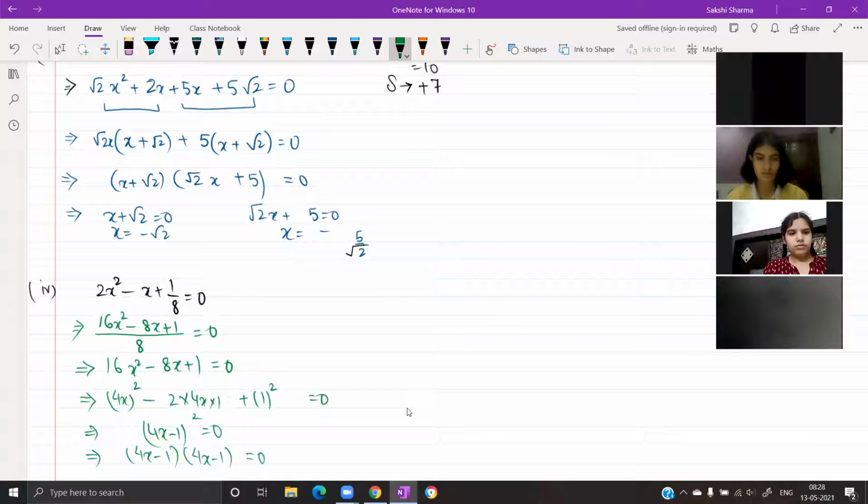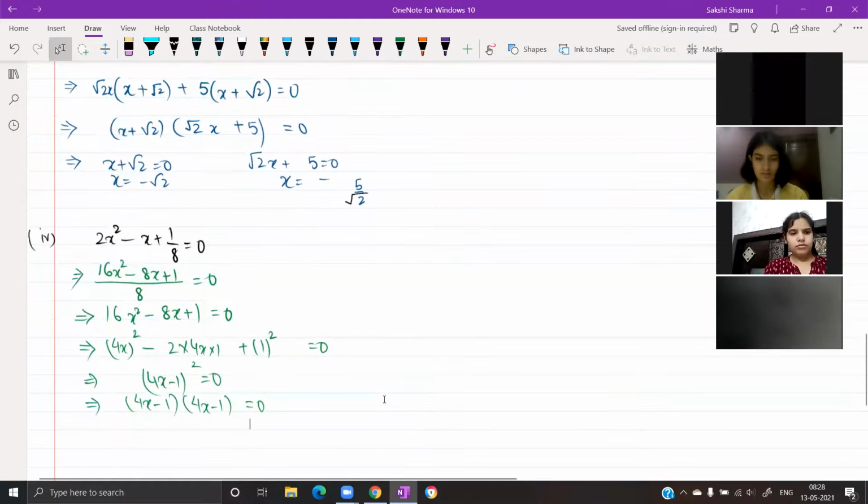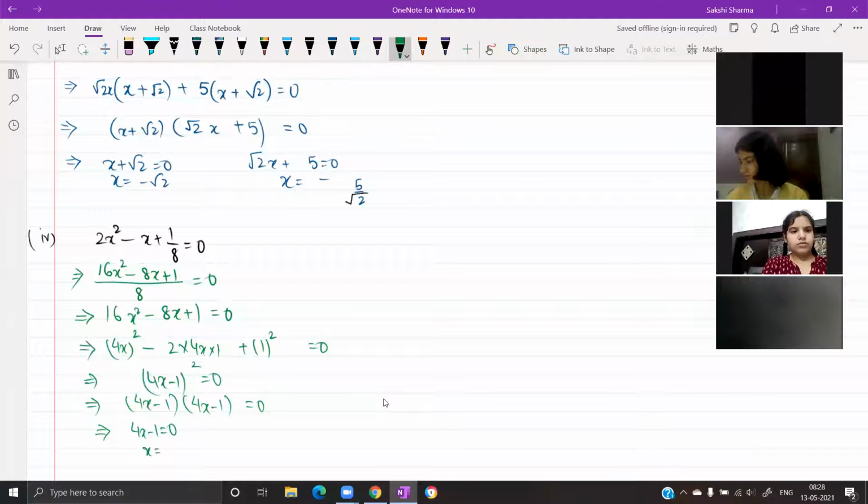I have written it in expanded form so that I have two linear factors and then I can equate each of them equal to 0. I will be getting two values of x, but those values will be the same. That means the zeros are equal, the roots are equal. X equals to 1 by 4. The second linear factor also gives you the same value. I'm doing this deliberately.